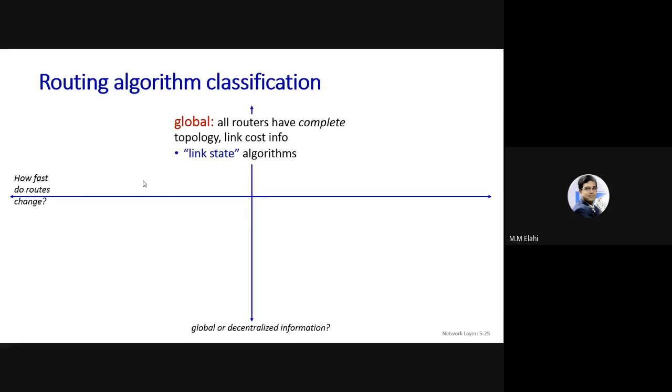In case of global, all routers have complete topology and link cost information. Those we call link state algorithms. In a link state algorithm, every router must have the entire information. Doesn't matter who is connected or not, the entire database or topology must be collected by all nodes.